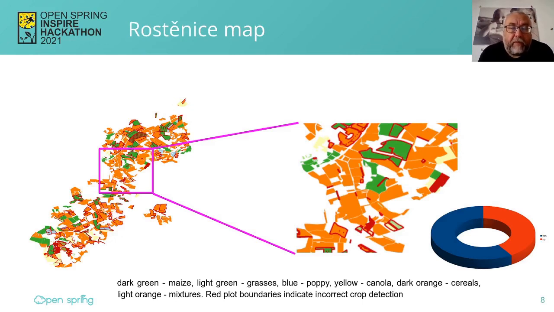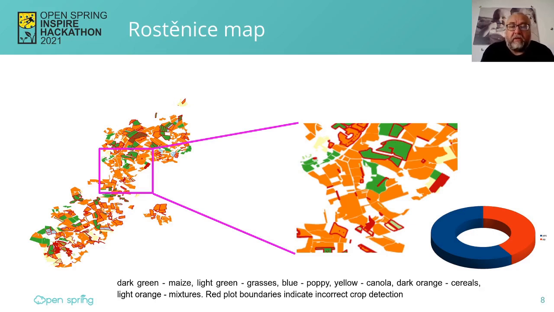Some result maps. This is the map of clusters calculated from the histograms. As I mentioned, this is the map for Rostěnice farm, and you can see several results.